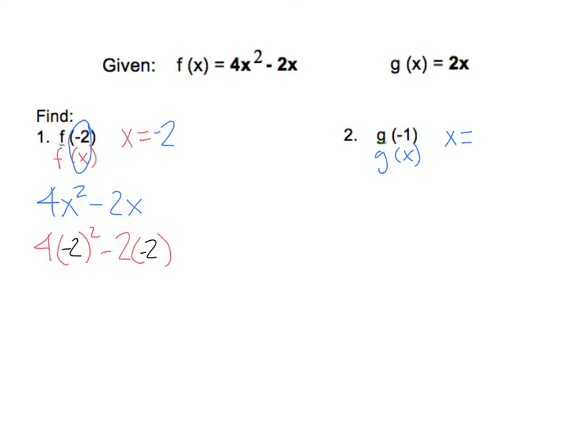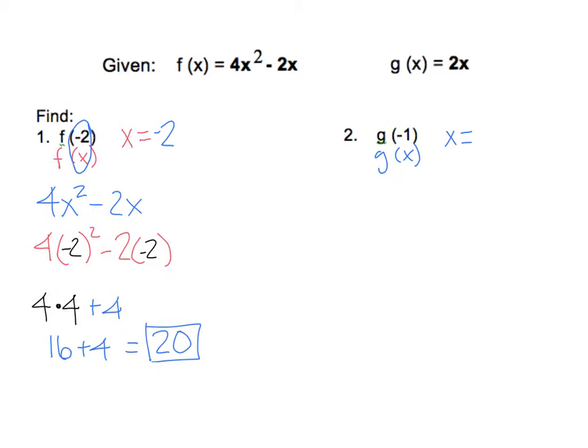Negative 2 squared is 4, so 4 times 4, and then negative 2 times negative 2 gives me a positive 4, plus 4. So 4 times 4 is 16. 16 plus 4 gives us a grand total of 20. So that would be our final answer.